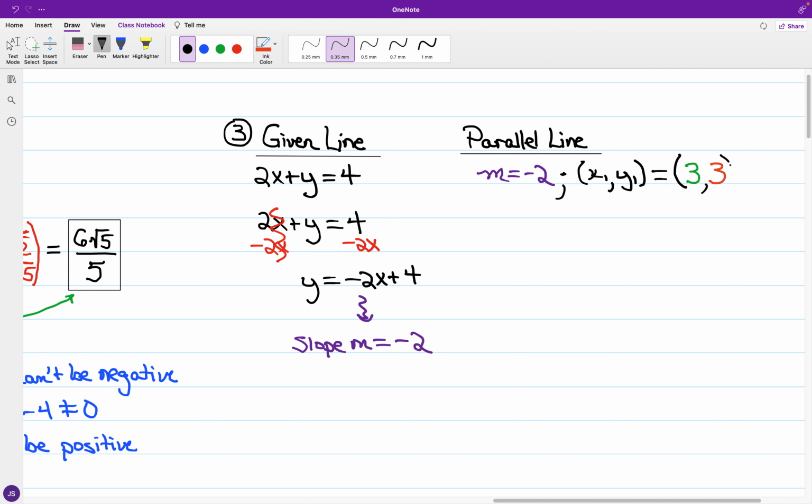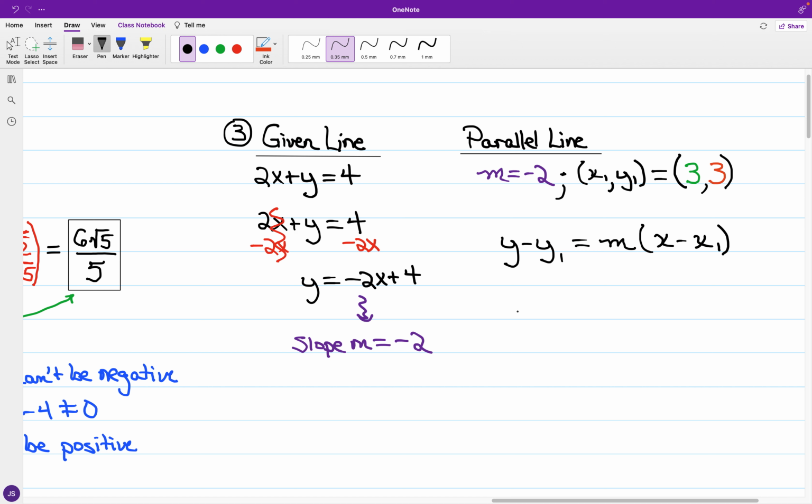So in the case of the formation of the point-slope equation pathway to get to the slope-intercept, we have y minus y1 is equal to the slope m times the quantity x minus x1.